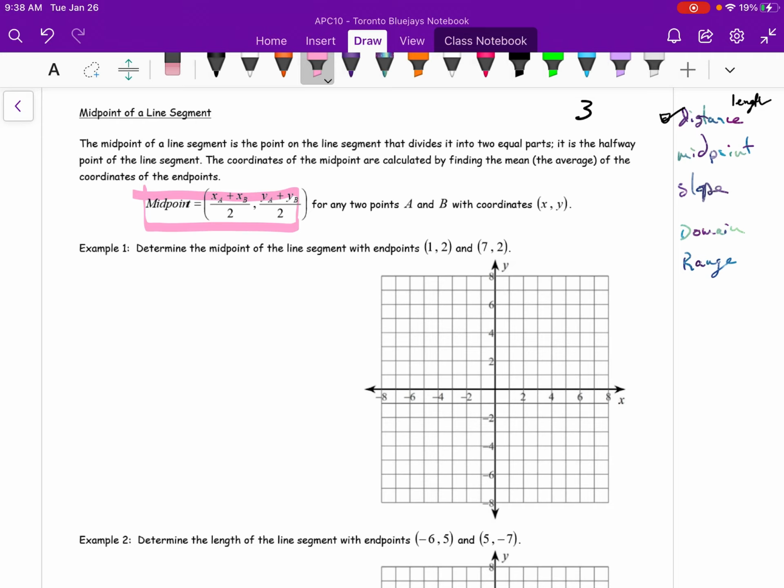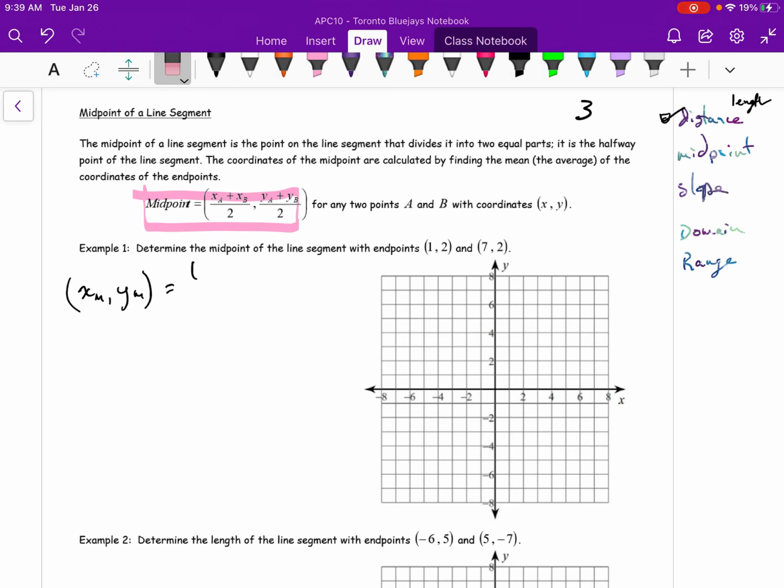I would maybe choose to write it as such: my midpoint XM, YM. That is, my midpoint is going to be a coordinate on the plane. And how do I find it? Well, I simply employ this formula.